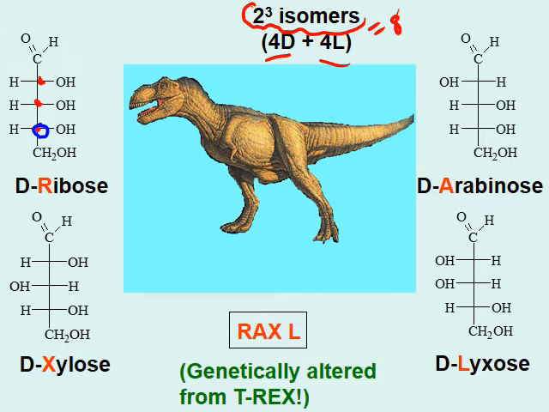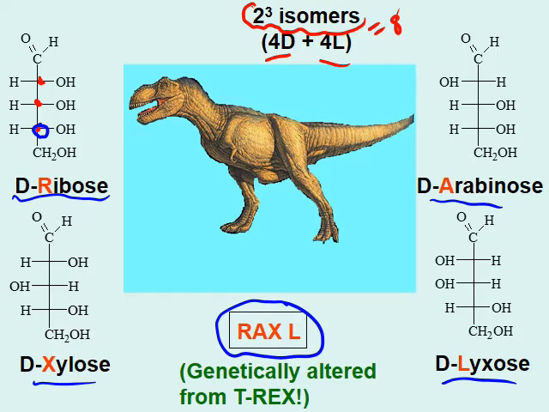So the first compound you're looking at is D-ribose. Then we have D-arabinose, D-xylose, and D-lyxose. So I remember it this way, RAXL, REXL, as if it's like T-Rex. So REXL, you can consider it to be genetically altered from T-Rex.